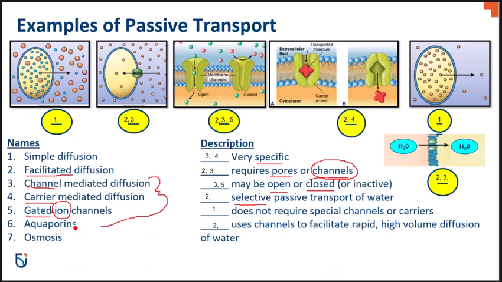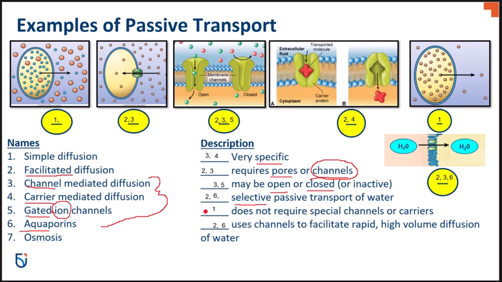Then the last type of facilitated diffusion is an aquaporin. An aquaporin is very selectively going to be moving water, but it can be used to move a lot of water. So aqua means water, porin is referring to pores. So it's water moving through pores present in the cell membrane.